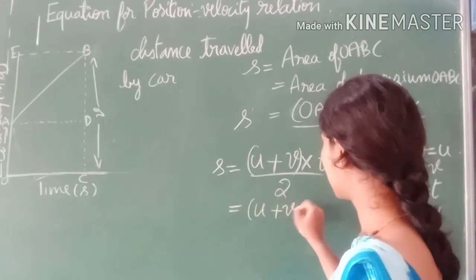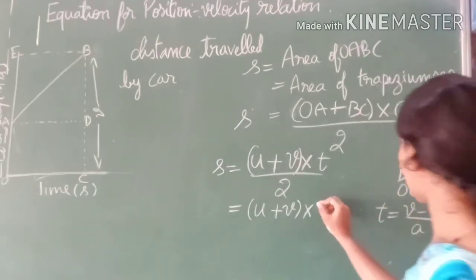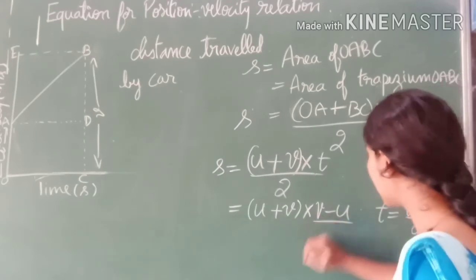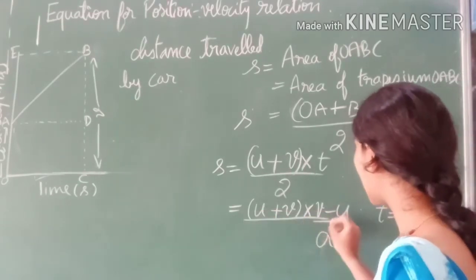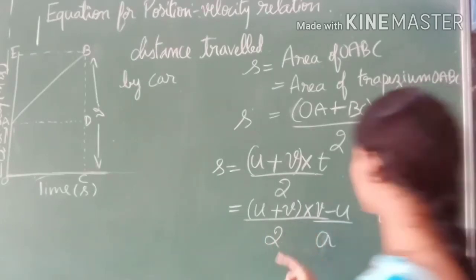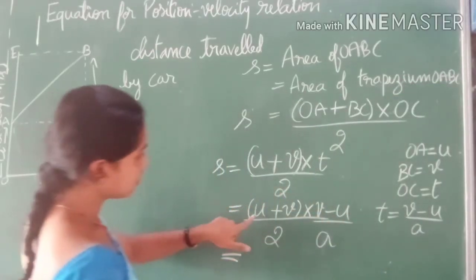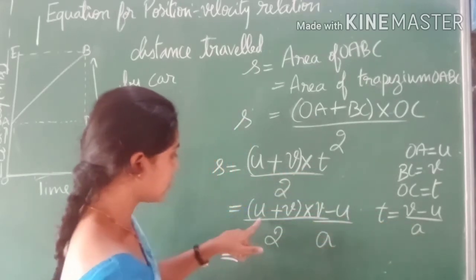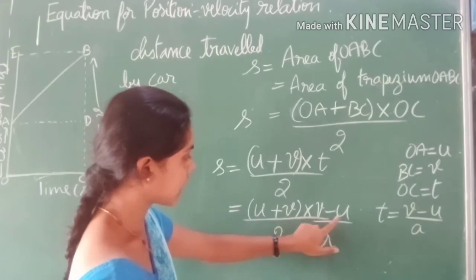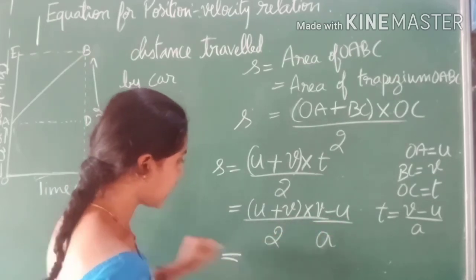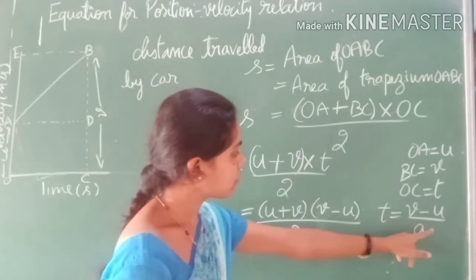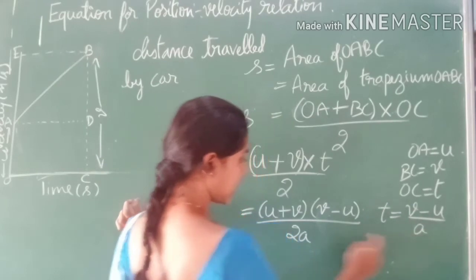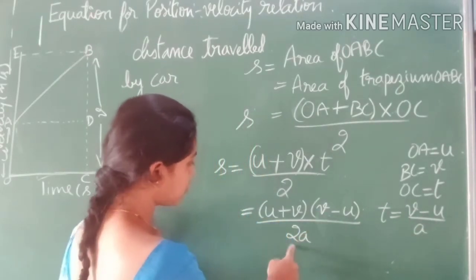U plus V into T, where T is equal to V minus U divided by A. So S is equal to U plus V into V minus U divided by 2A.